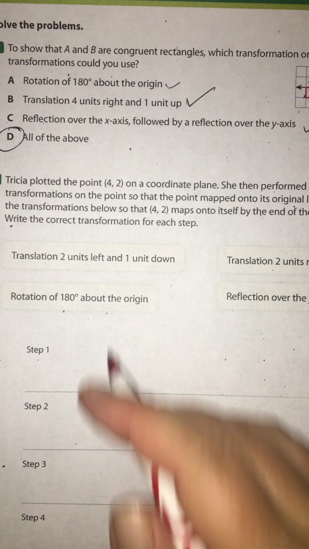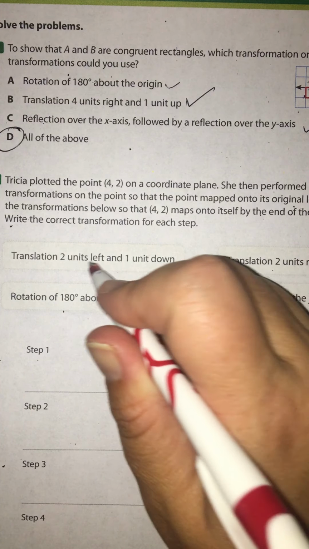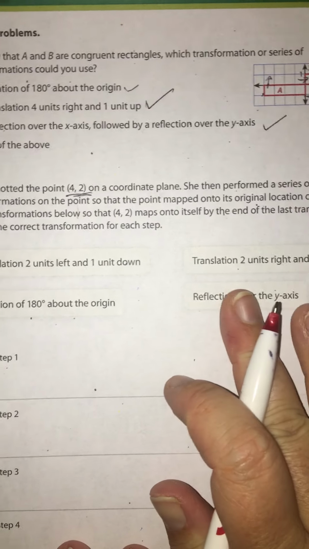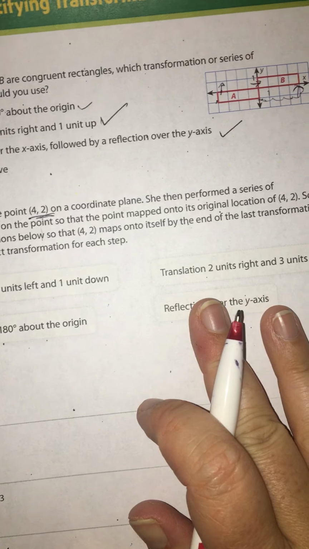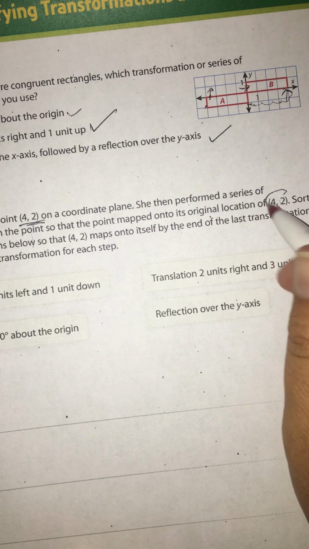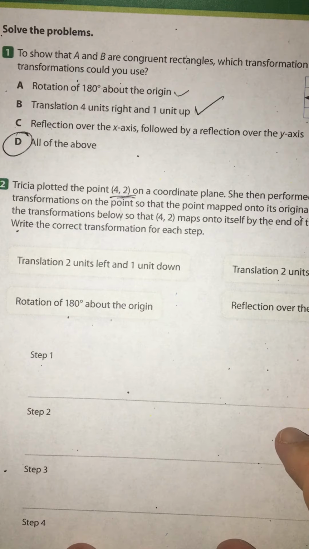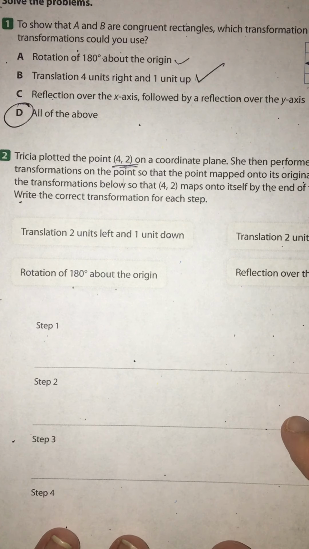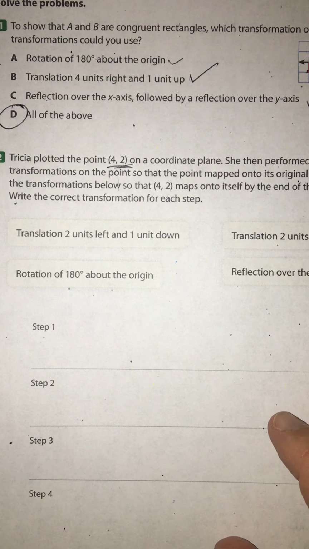Trisha plotted these points for 2. Then perform these translations so that we can map to its original location of 4, 2 again. Sort the transformation so it maps back onto itself. All right.